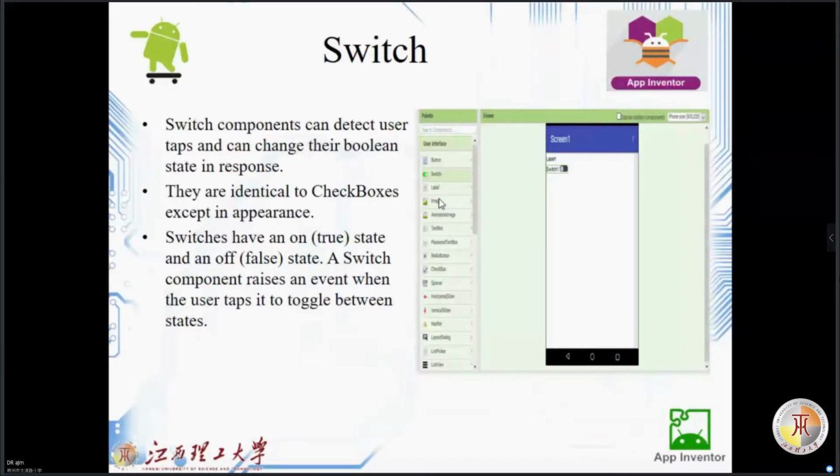A switch component raises an event when the user taps it to toggle between the states. It means that you can push it to make it on and off, and in this manner the program can understand whether it's pressed or not.